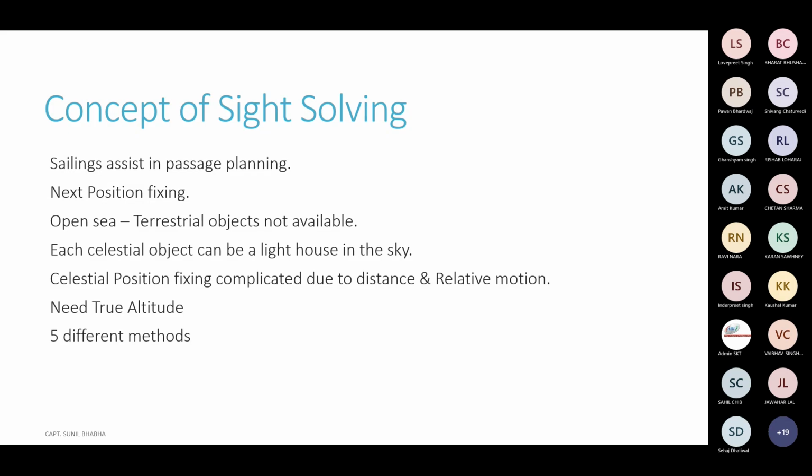And number 5, Polaris or pole star observation. These are the 5 different methods which can be used with different bodies at different times, and they help us obtain position lines from celestial objects, heavenly bodies: the sun, the stars, planets, and the moon.